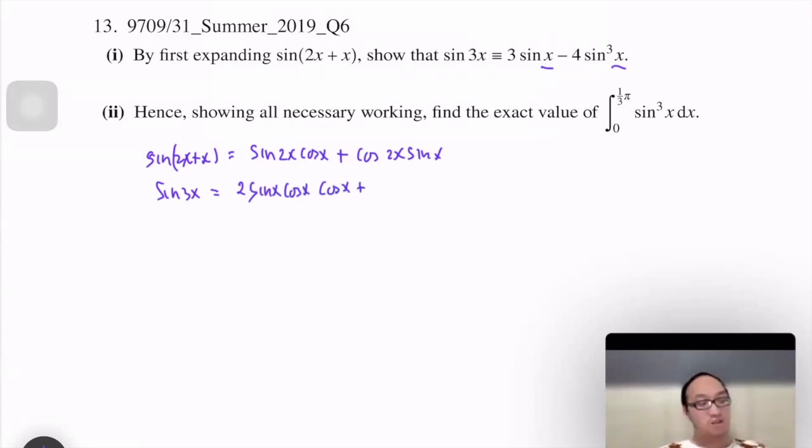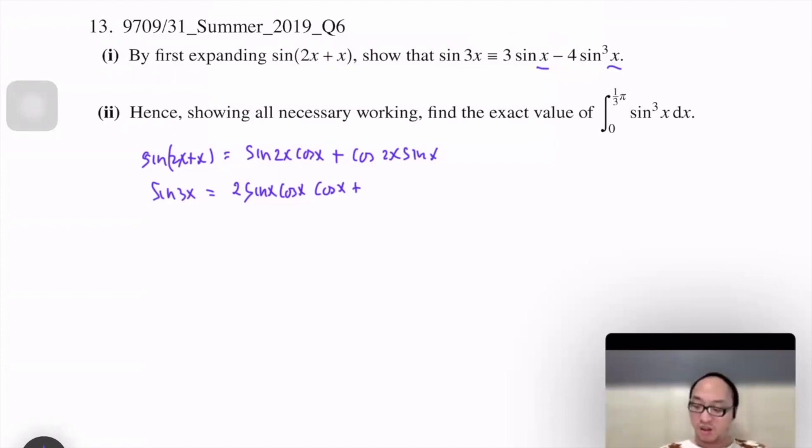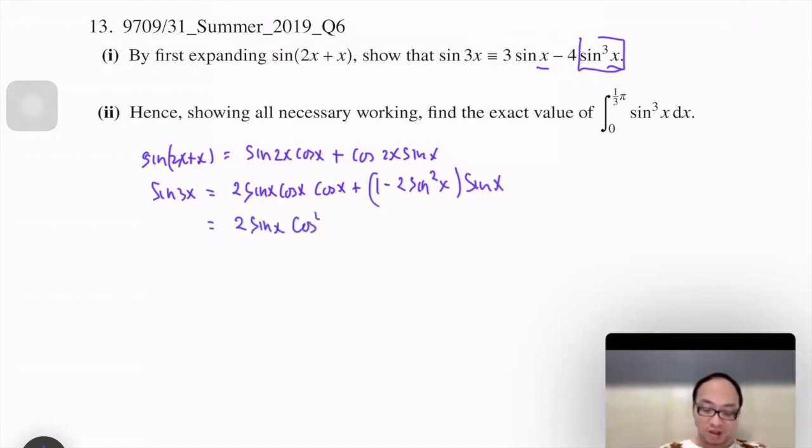plus cos 2x. In here we see that we need the sine cube. So we can change the cos 2x using the sine, which becomes 1 minus 2 sine square x, times sine x. Simplify: 2 sine x cos square x plus sine x minus 2 sine cube x.